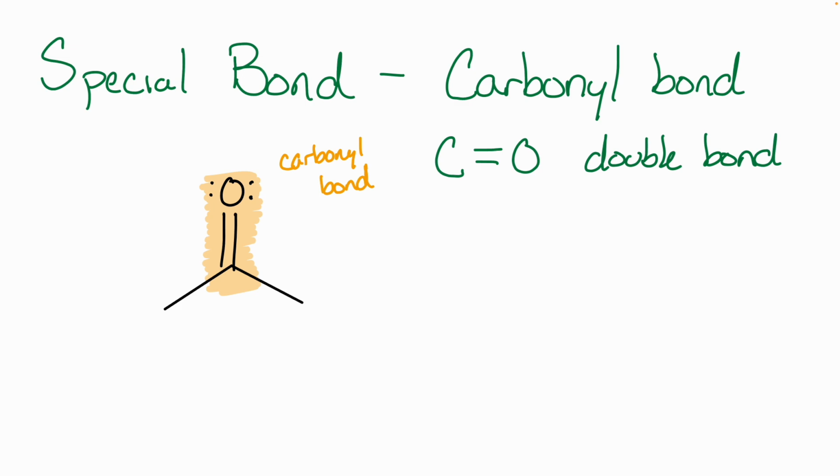Importantly, when we get to these functional groups, you're going to hear me say over and over again, I'm going to refer to the carbonyl carbon. That's the one at the base of that double bond. Or the carbonyl oxygen. That's the oxygen in that carbon-oxygen double bond.